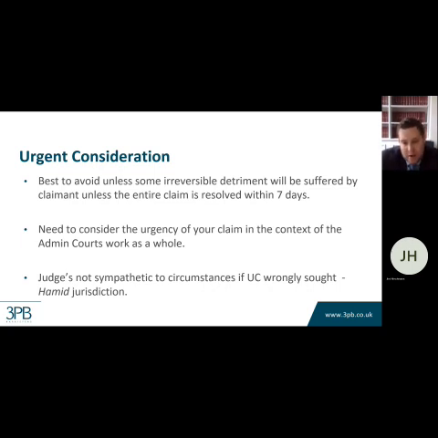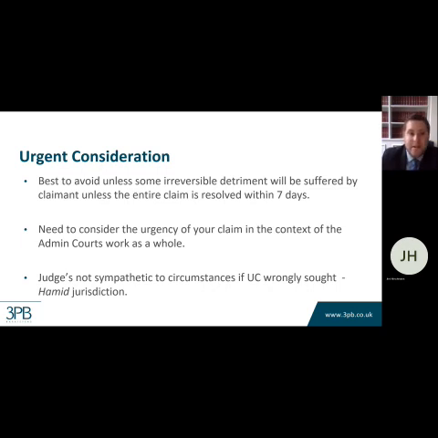In reality, to a High Court judge that's used to hearing claims about people being deported and potentially at risk of torture, or some High Court judges hear end-of-life treatment cases, albeit not in the judicial review context, claims like school transport are probably not going to be considered urgent in the context of the work of the admin court as a whole. And that is what you need to think about when you consider if your claim is urgent, as well, of course, as the facts of your case. There will be cases that don't immediately strike you as urgent, but where there is an interesting factual point that needs to be disputed quickly.